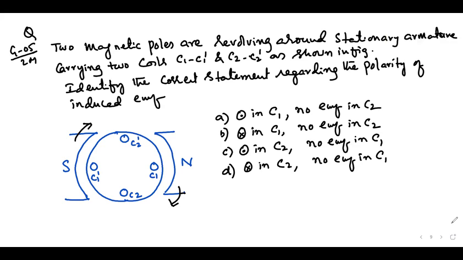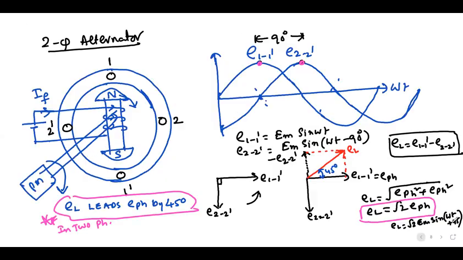Sir, in that EMF waveform of the two phase alternator, I was confused why we took both E1 and E1 dash at the same place. Not the same place. I am taking only one conductor, say. Both together become a coil, and in the two sides of the coil the EMFs are aiding only.